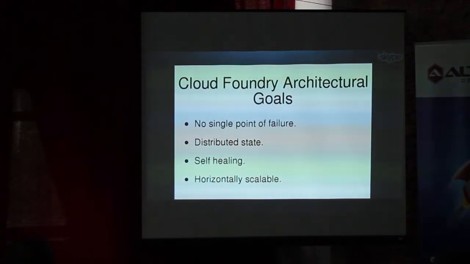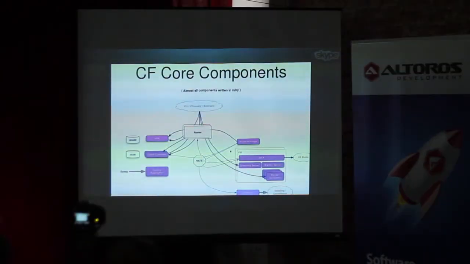Cloud Foundry tries to respect some architectural goals. It has no single point of failure. It also has a distributed state. It has a self-healing process where instances can be rerun and restarted by themselves. And it scales horizontally. This shows the minimal amount of components that you need for Cloud Foundry.